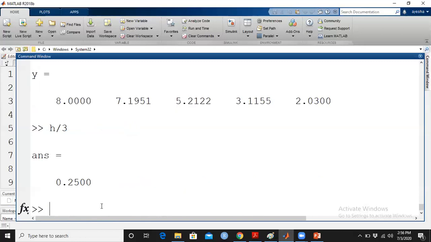So I will write here 0.25 dot star, because I'm using MATLAB, and then the functional value at the first point, plus 4 dot star functional value at the second point.